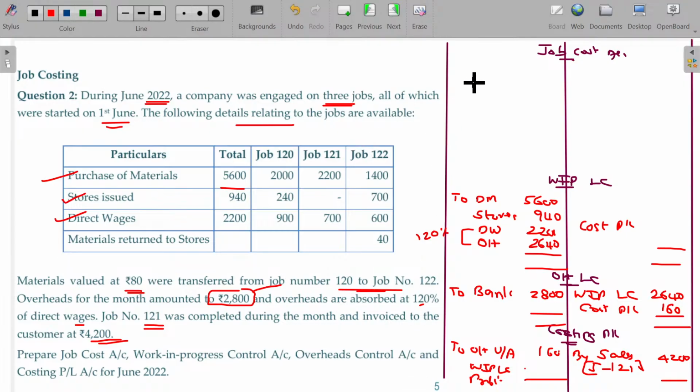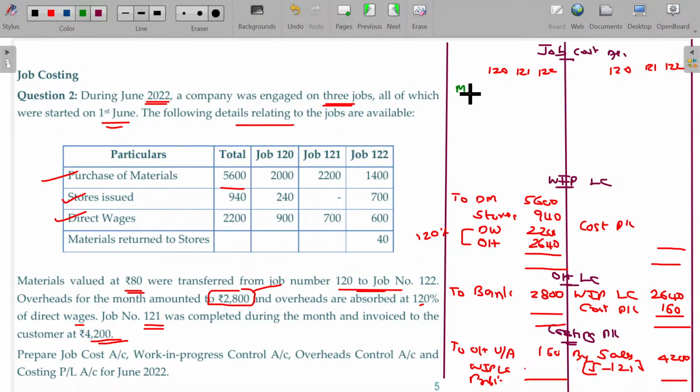We have been given 3 jobs, 120, 121, 122. Why do I prepare this? I need to know the cost of production of this particular completed job 121. For that, I have to prepare it in columnar form. Materials. How much is that?